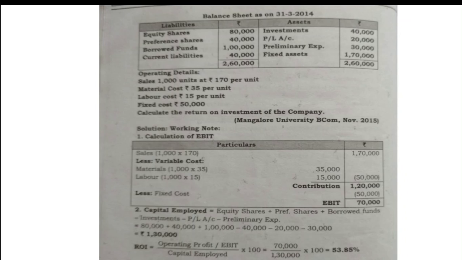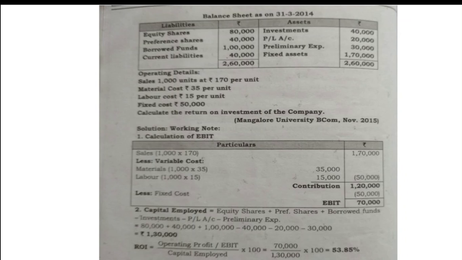Equity shares are 80,000. Preference shares 40,000, plus borrowed funds, including secured and unsecured loans. They haven't given any bifurcation, total long-term loans 1 lakh, so we take 1 lakh. Calculating, we get 1 lakh plus 80,000 plus 40,000, which is 2,20,000.